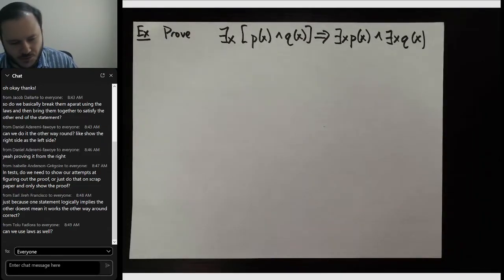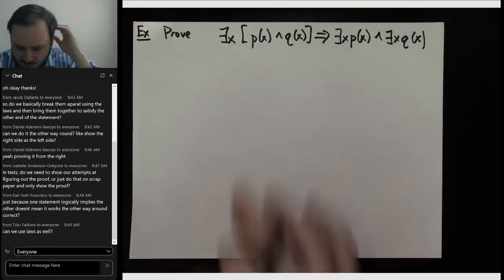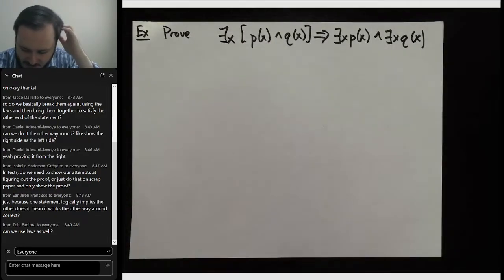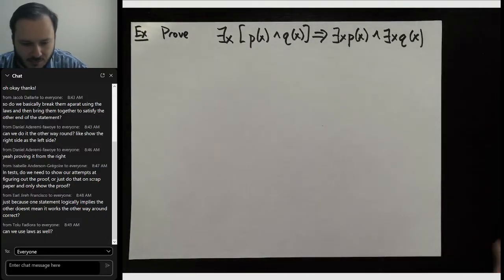There's going to be some rules, sorry, not universal specification, but I guess we don't have a name for this one, but if there exists an x, you can just say P of x, rule of existential something or another. Do we name it in here?